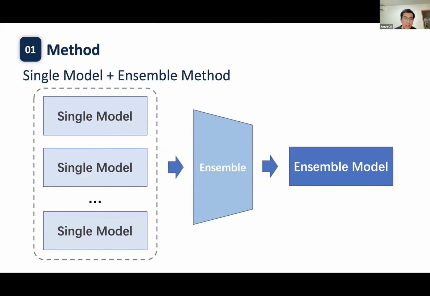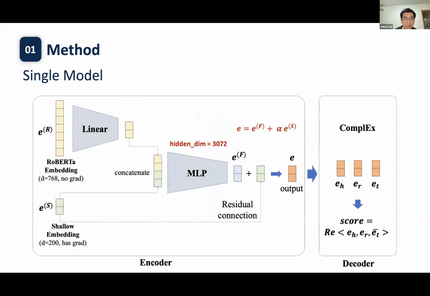After the rule mining, we design our model. Our model can be split into two parts, single models and an ensemble model. Our single model consists of an encoder and a decoder. For the decoder, we directly use ComplEx, as it is the best among all the decoders we have tried.